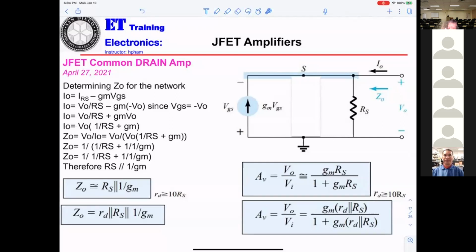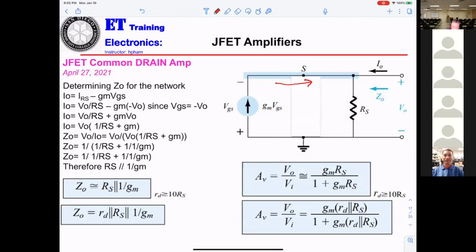You see on that one, they say I out. Where is the I out? You understand that you get a current here.